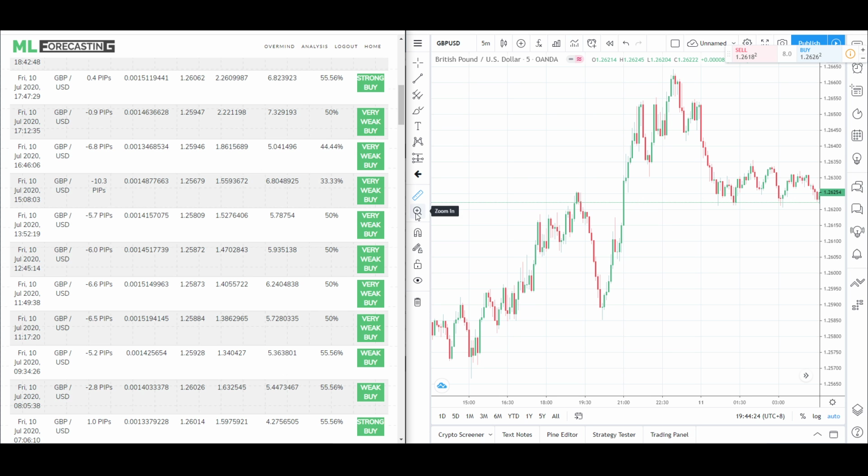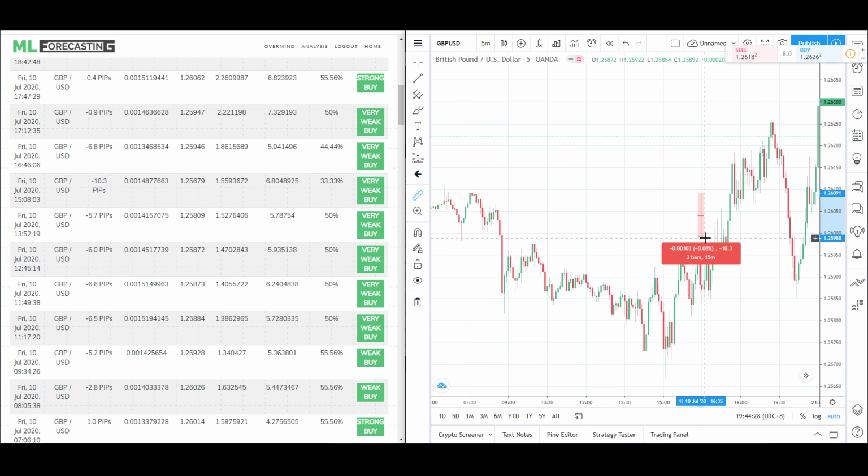1646 and then 1508. So let's figure out where we are here. 1646. This will be a winner, and that was a weak. At 5, yeah, where's our entry? 25679.